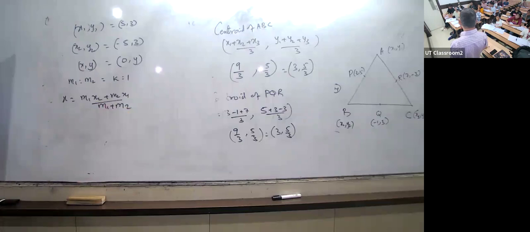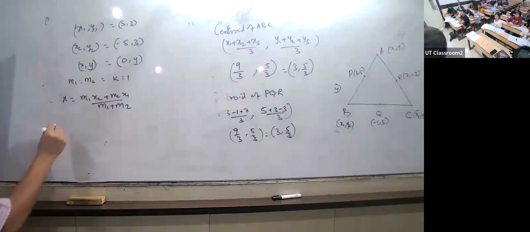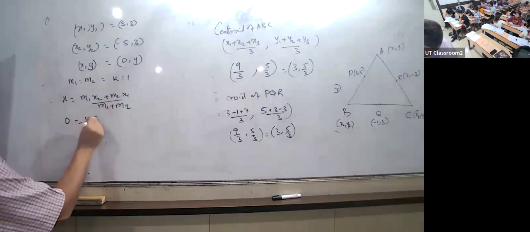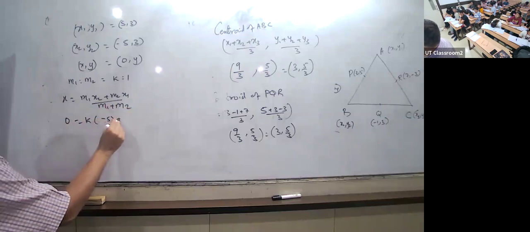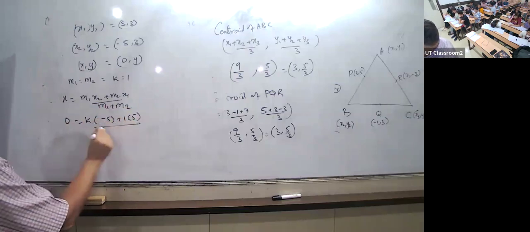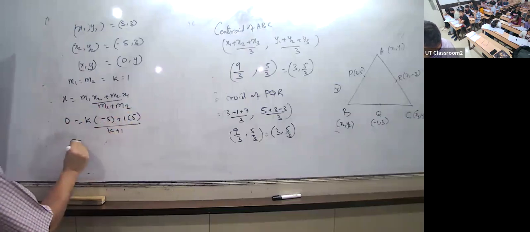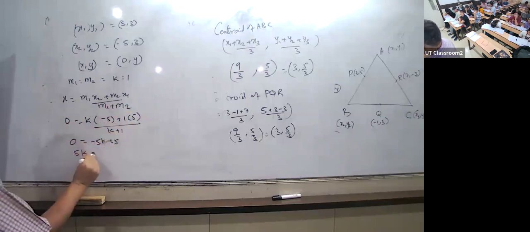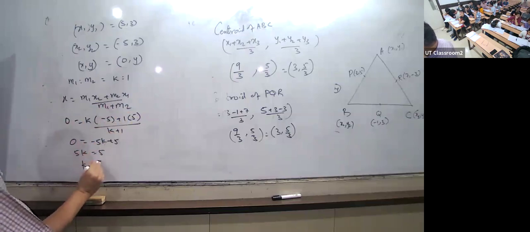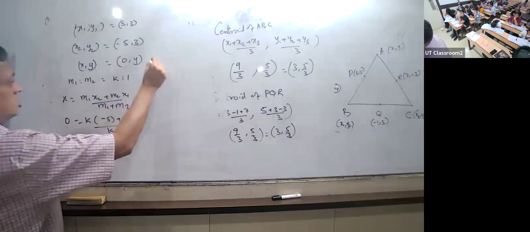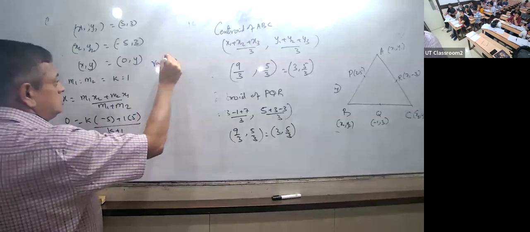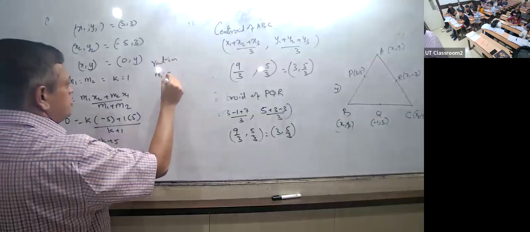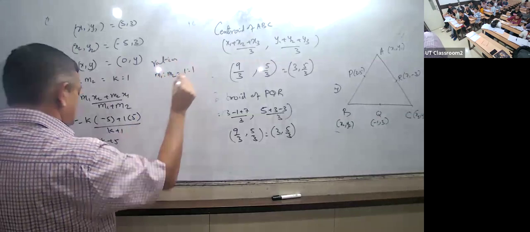Now, 0 is equal to k times minus 5 plus 1 times 5, divided by k plus 1. 0 is equal to minus 5k plus 5. 5k is equal to 5. k is equal to 1. Therefore, ratio m1 is to m2 is equal to 1 is to 1.